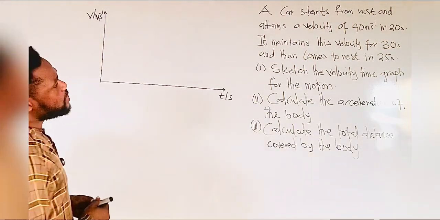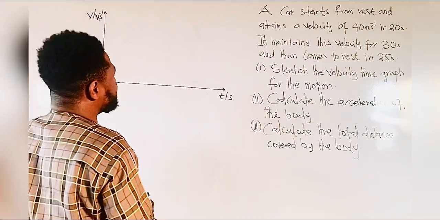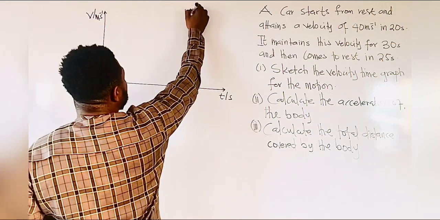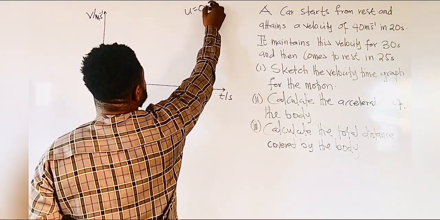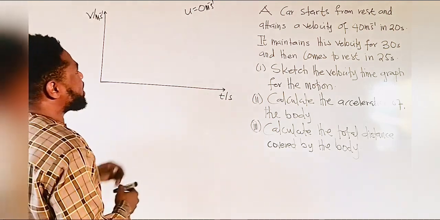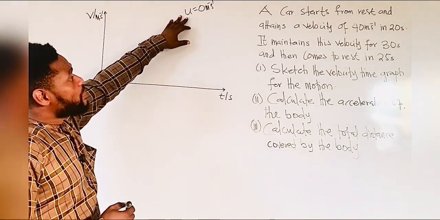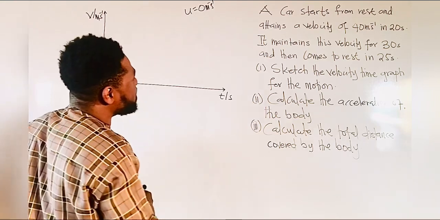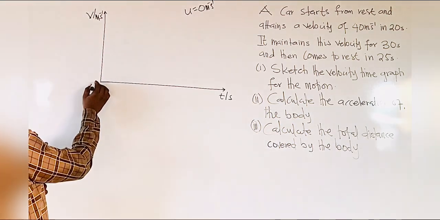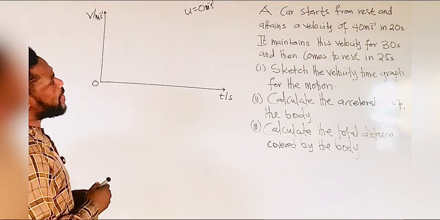We have been told that the car starts from rest, and since the car starts from rest, our initial velocity is going to be 0 meters per second. So we should not forget this with a body starting from rest. The origin here is where we are going to put our initial velocity.